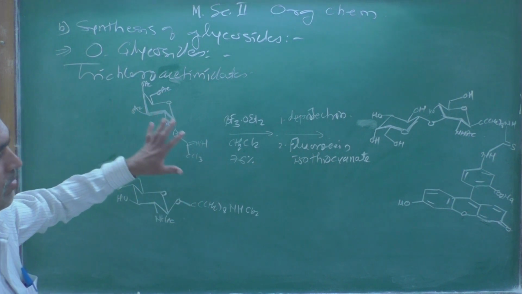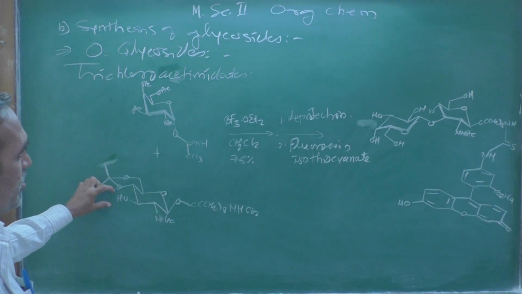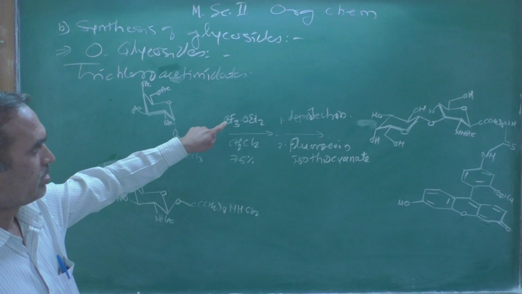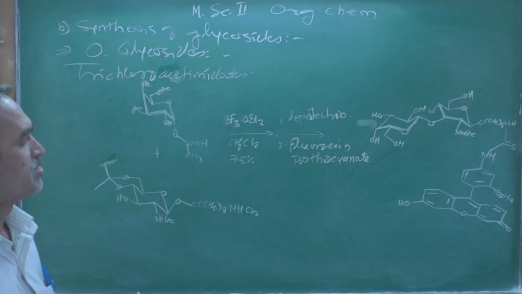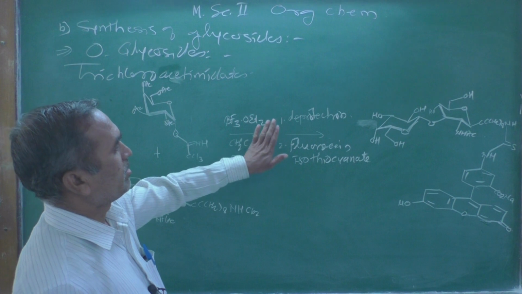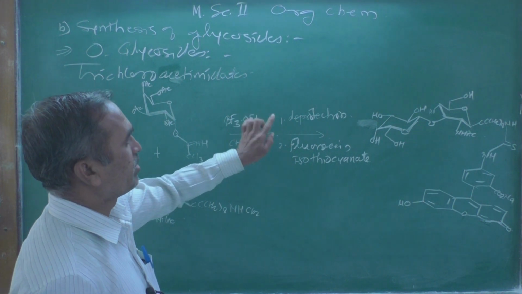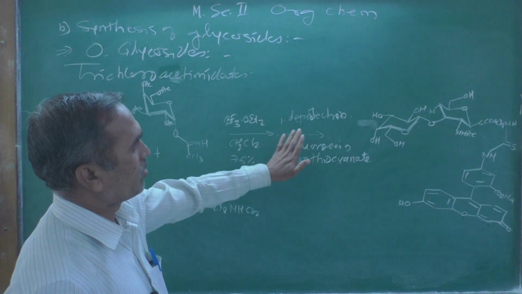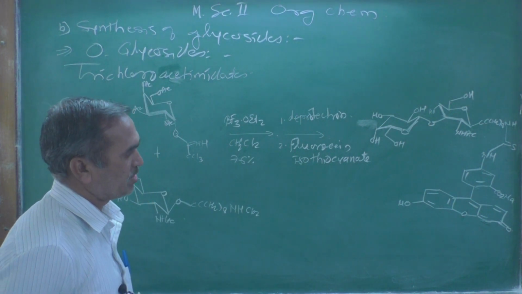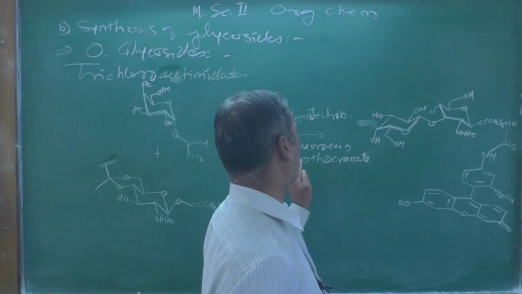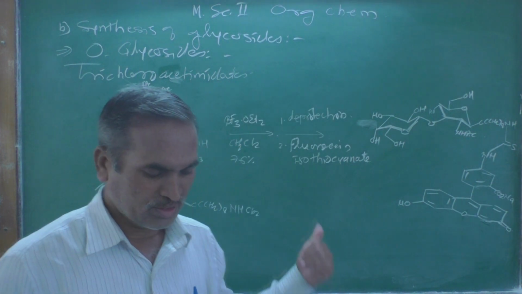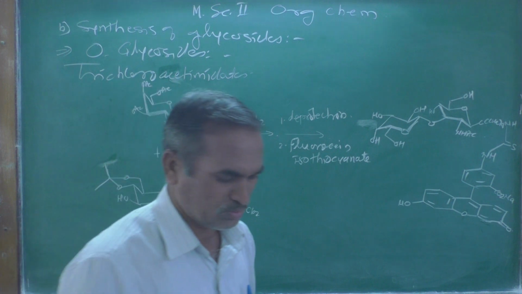This is one of the schemes, this compound and this compound reacted together in the presence of boron trifluoride etherate, with CH2Cl2 dichloromethane used as a solvent, and this intermediate they have got, this compound again undergoes a deprotection process in the presence of fluorescein isothiocyanate, and they get the compound in high yield. So that is what they have got here.